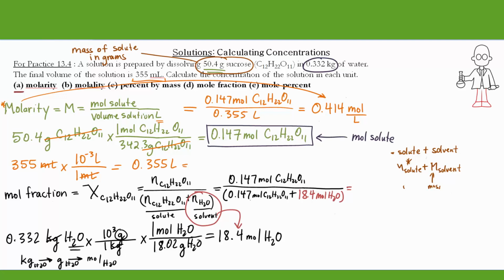Now I want to sum these in the denominator. When I sum those in the denominator, and I divide the numerator by the sum of the denominator, that's why this is in parentheses, I wind up with a mole fraction of solute 0.00793.